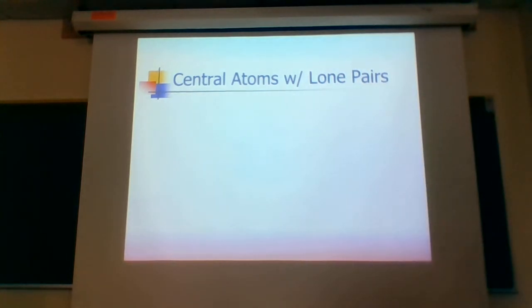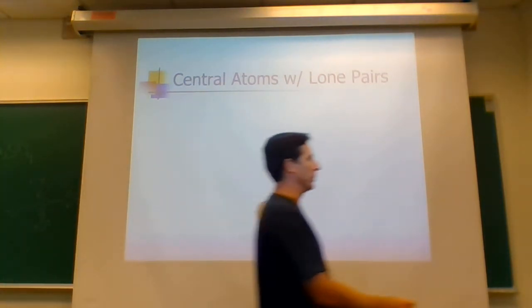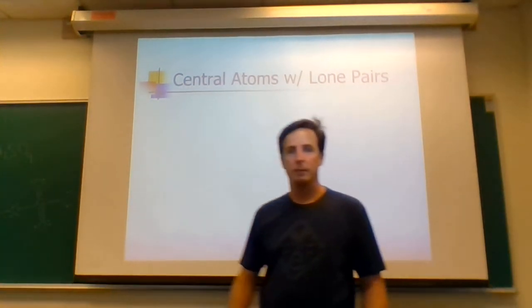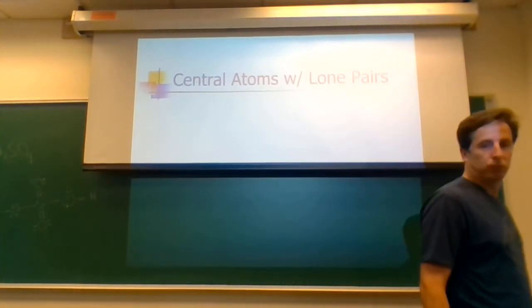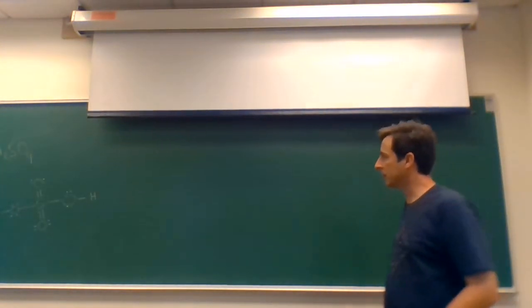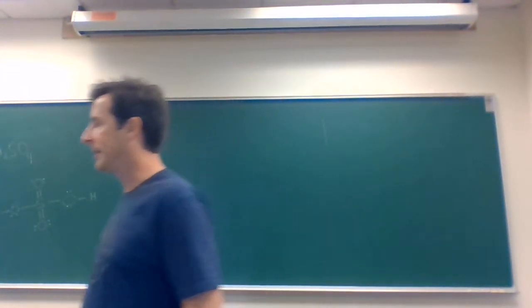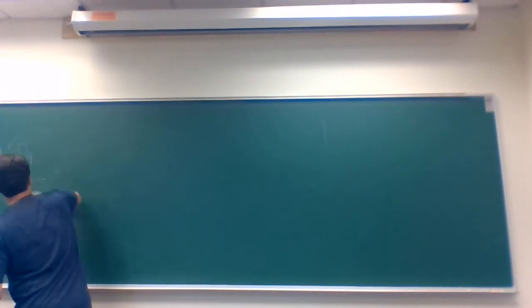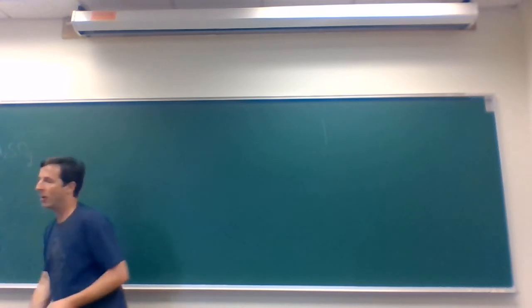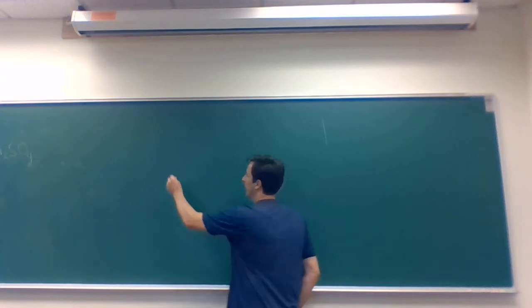So I'm going to flip the lights on. And we're going to use the chalkboard. All right, so when we talk about 4 groups, our main molecule that we use as an example for 4 groups is often CH4.